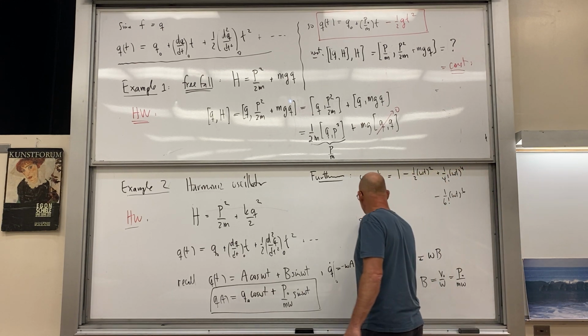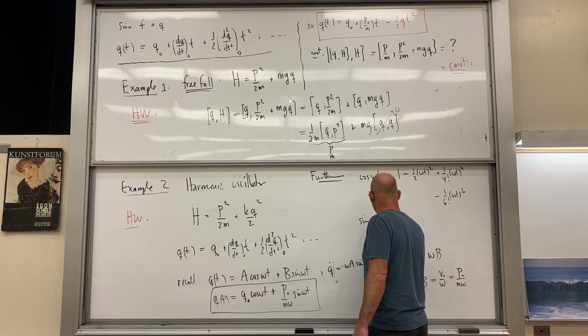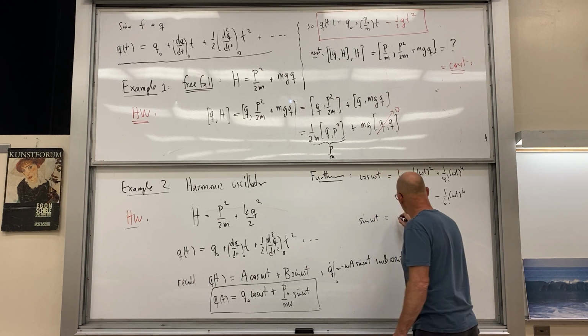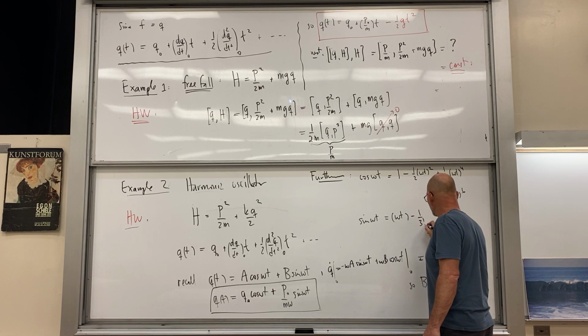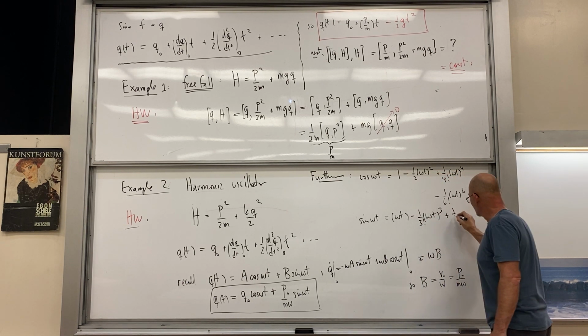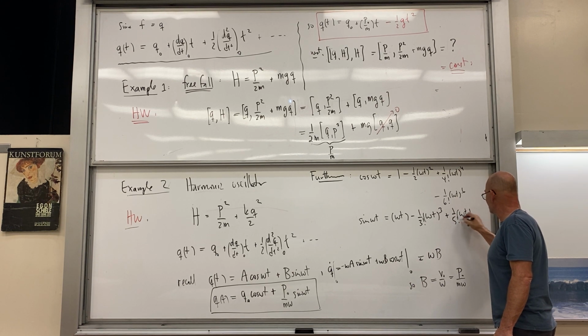And the sine goes as omega t minus 1 over 3 factorial omega t cubed plus 1 over 5 factorial omega t to the 5th.